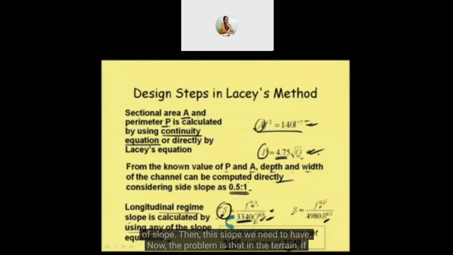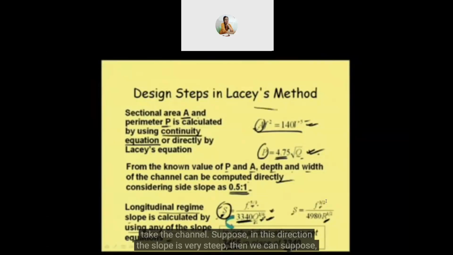Now the problem is that if in the terrain we cannot have that slope, then there is a problem. We need to manipulate that. If it is very steep, then we have to flatten it down, or we may have to take the channel.